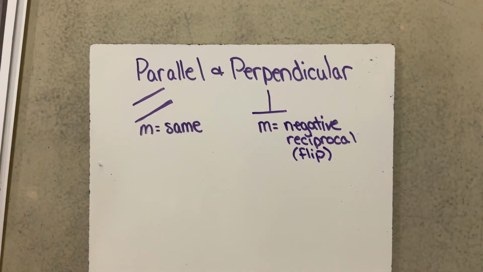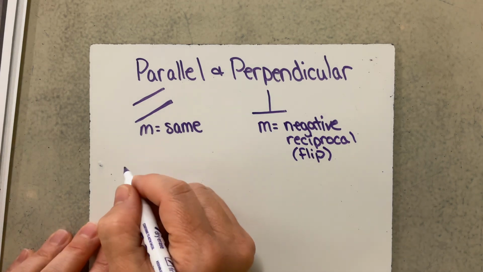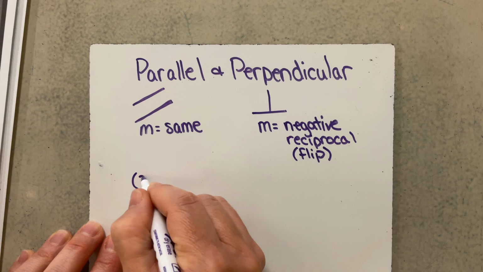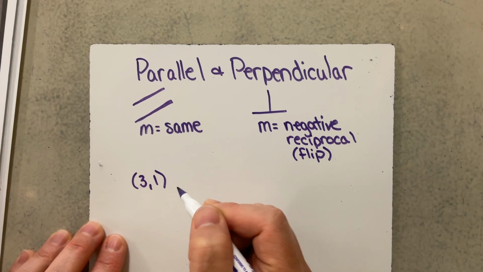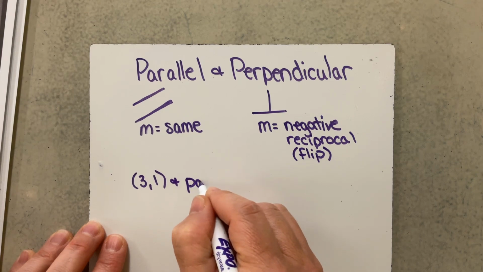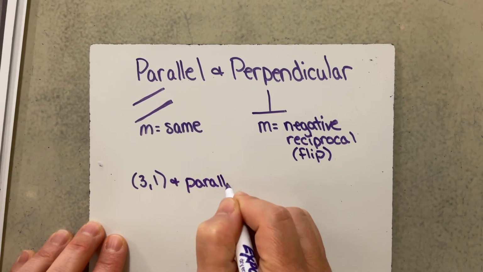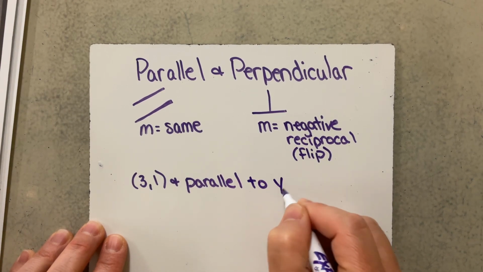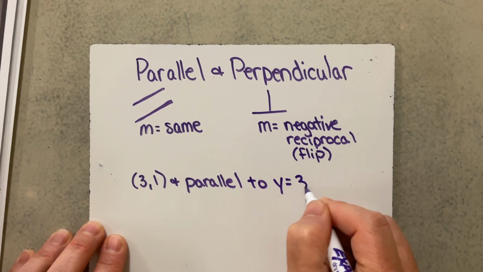Okay. So what are some of the things we could be asked to do here? Write an equation of the line that passes through the point (3, 1) and is parallel to the equation y equals 3x plus 1.